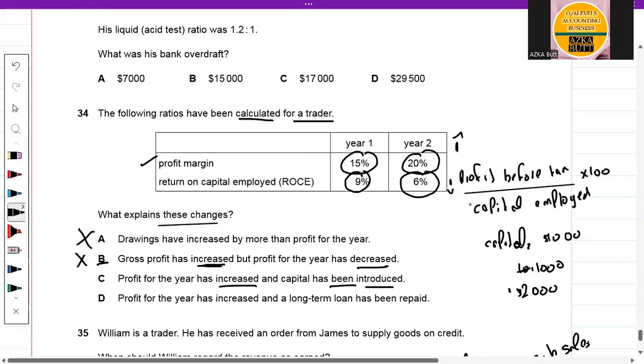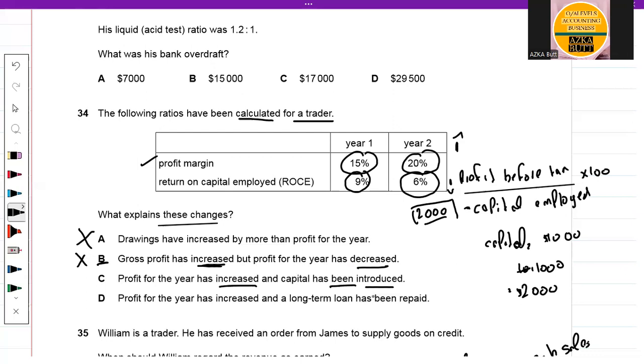So now the total capital employed will be $2,000 from the owner. Because this denominator has increased, this is the reason that we can see the return on capital employed is decreased. It is decreased by 3%. In year one, that was 9%, but in year two, this is 6%. Why is it decreased?